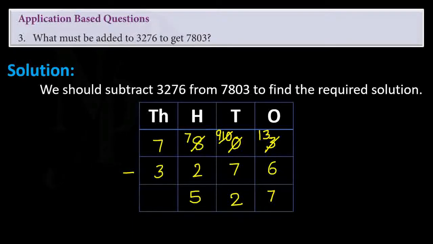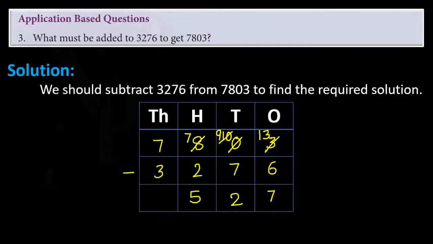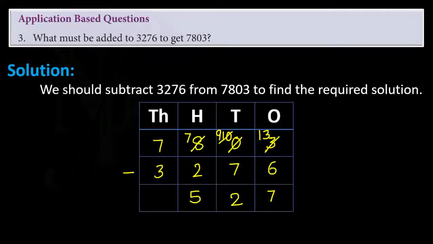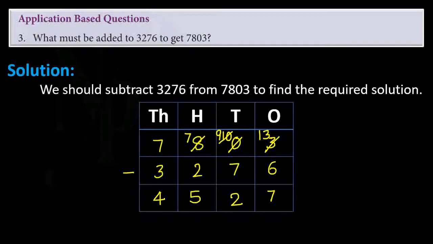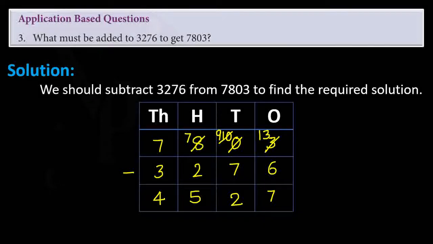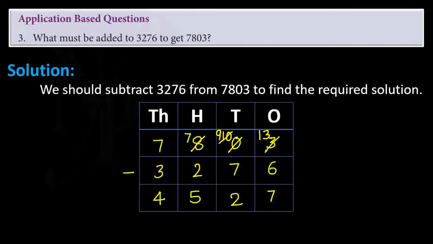And here subtracting 3 from 7, or 3 thousands from 7 thousands, we get 4 thousands. So on subtracting 3276 from 7803, we get 4527 as difference.